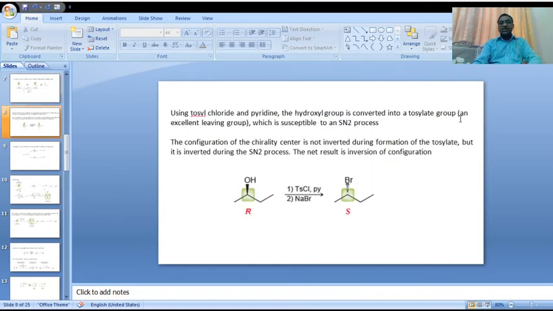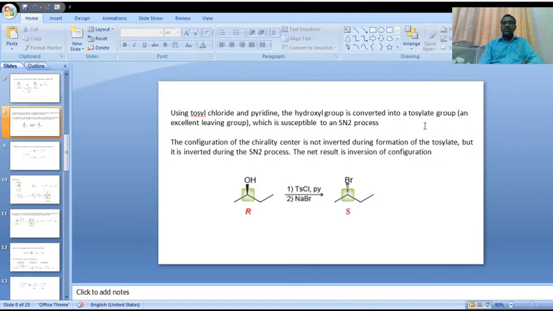That tosylate group is an excellent leaving group, which is susceptible to an SN2 process. That SN2 process proceeds in a single step, with the nucleophile attacking at the same time as the loss of the leaving group.